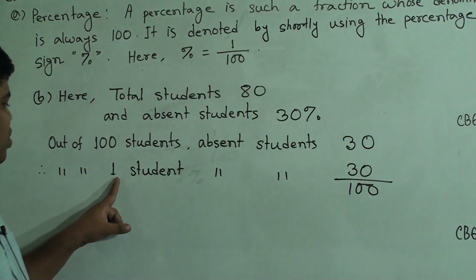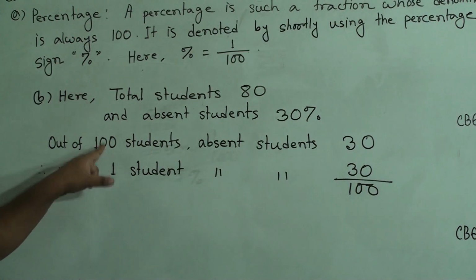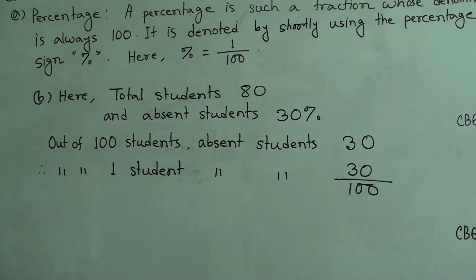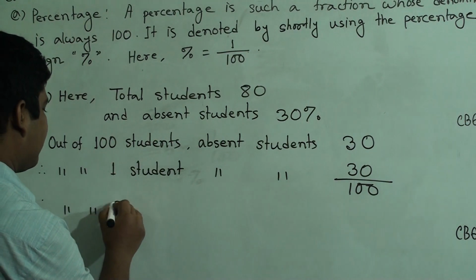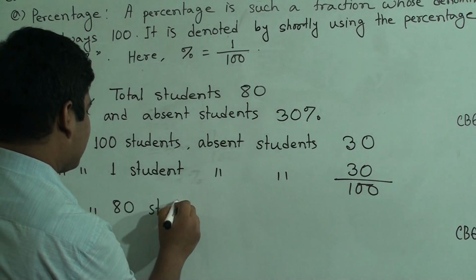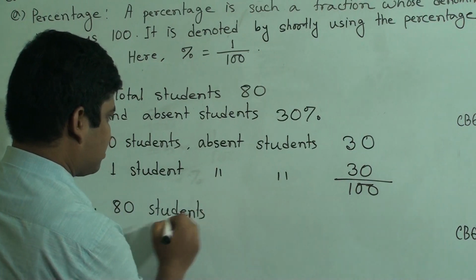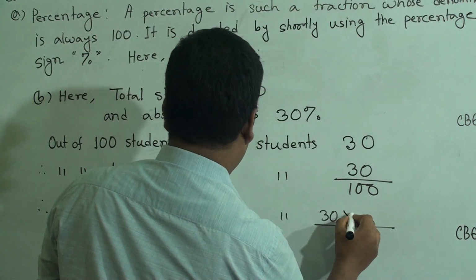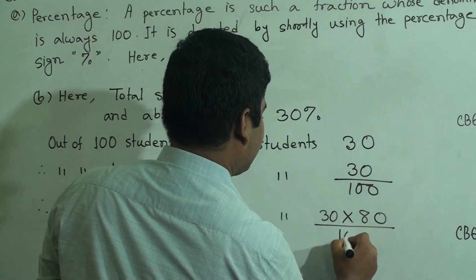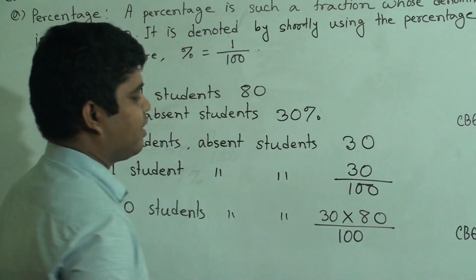Why? Because 1 is smaller than 100. For this reason division happens. Now therefore out of 80 students, absent students 30 multiplied by 80 divided by 100.